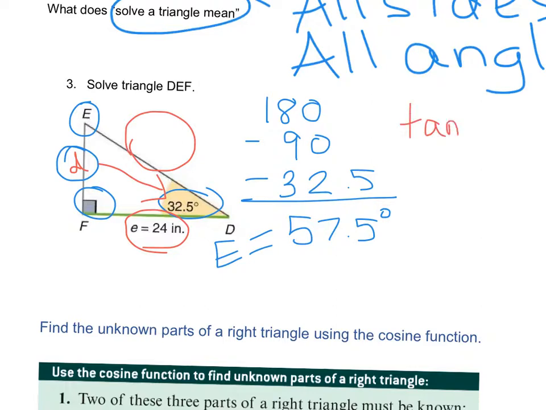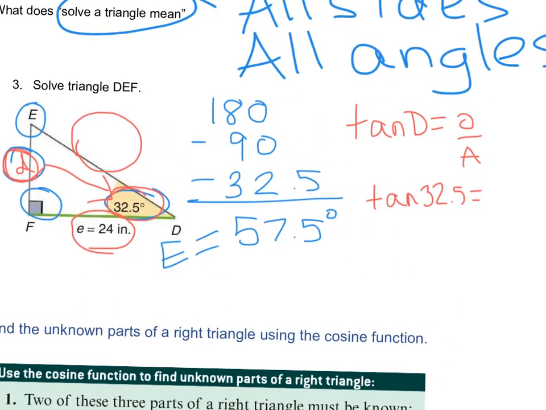Tangent of angle D is equal to the opposite over the adjacent. And in this problem, we know that angle D is 32.5. We are looking for the opposite in this problem. Give us a little room.